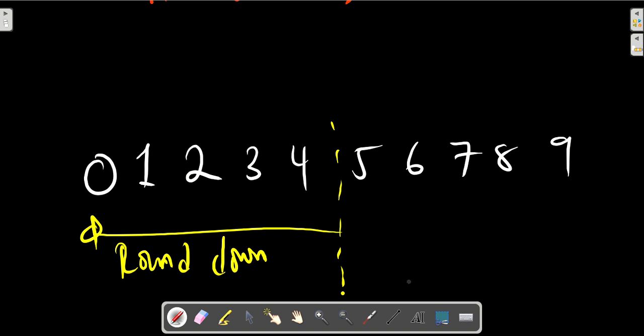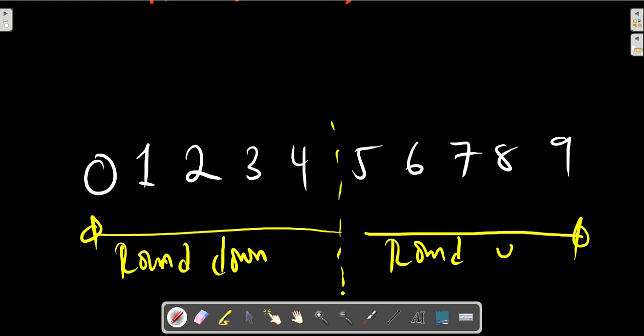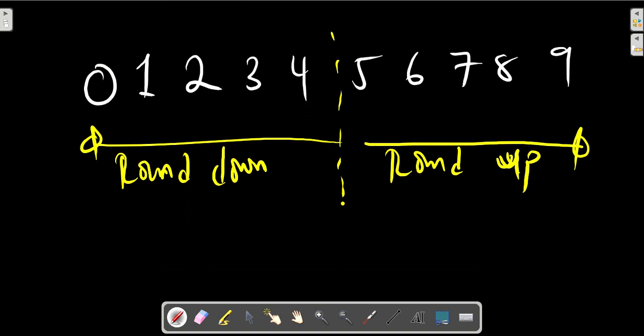Numbers on the other side are to be rounded up. So when we come across the numbers on the left, we round down, and when we come across the numbers on the right, it gives us an intuition on when to round up.